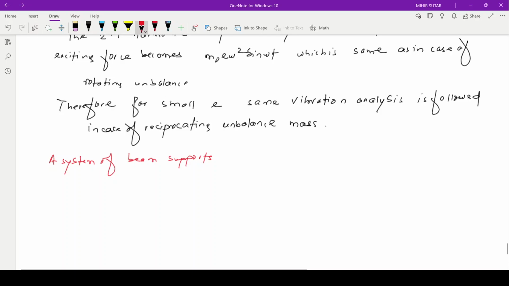A beam supports a motor of mass 1200 kg.